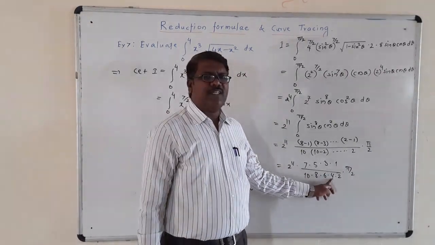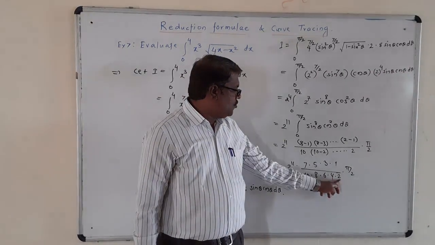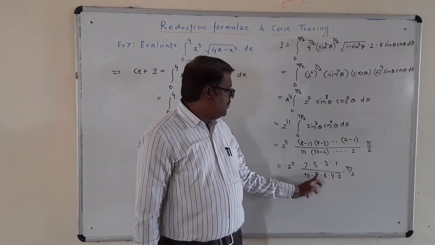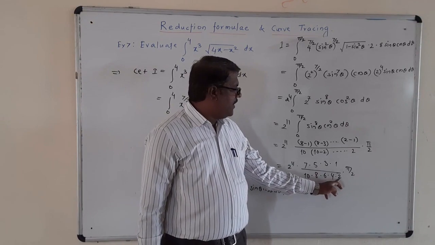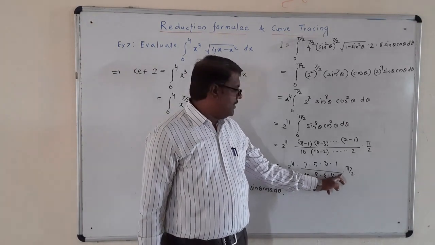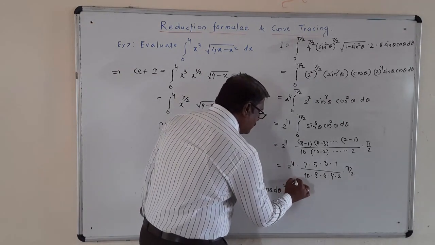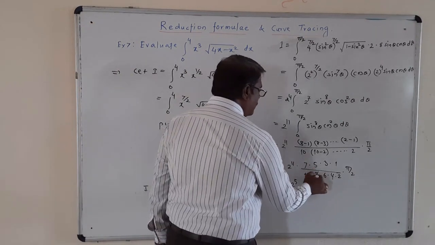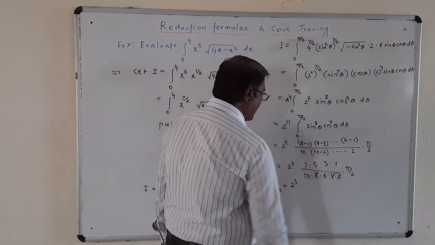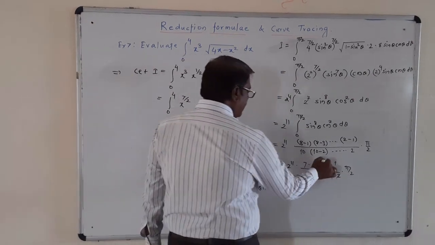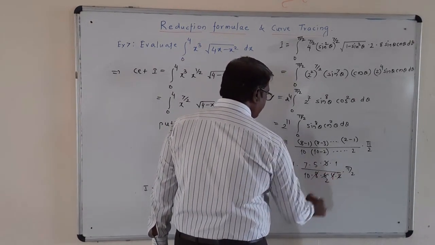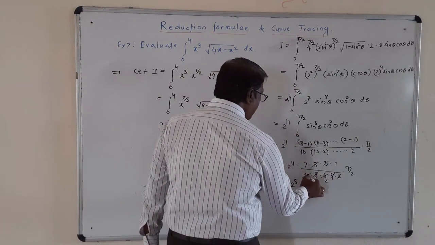This 4 can be written as 2 square, and this is 2. So here it is 2 raised to 3, 2 square, and again 2 raised to 1, it is 2 raised to 6. So from the numerator we can cancel it. So it will be 2 raised to 5, so that 8, 4, 2 will get cancelled. And then 3 2s are 6, and again 5 2s are 10.